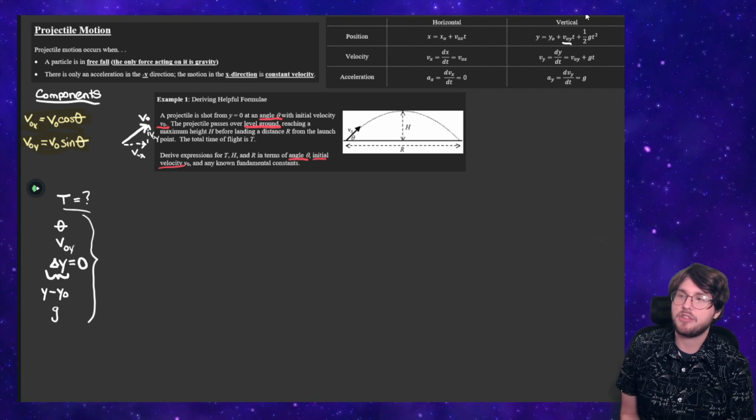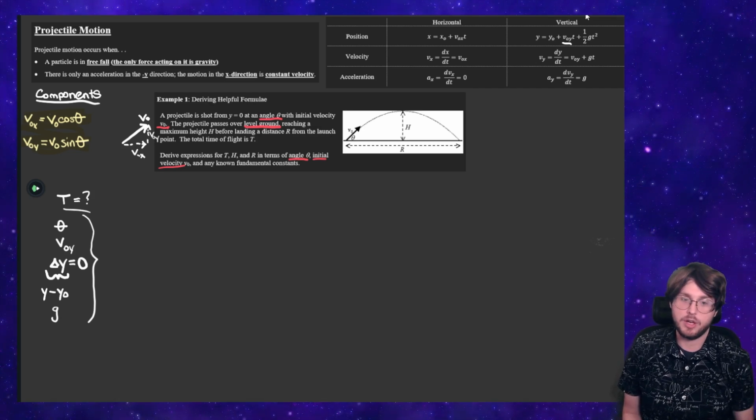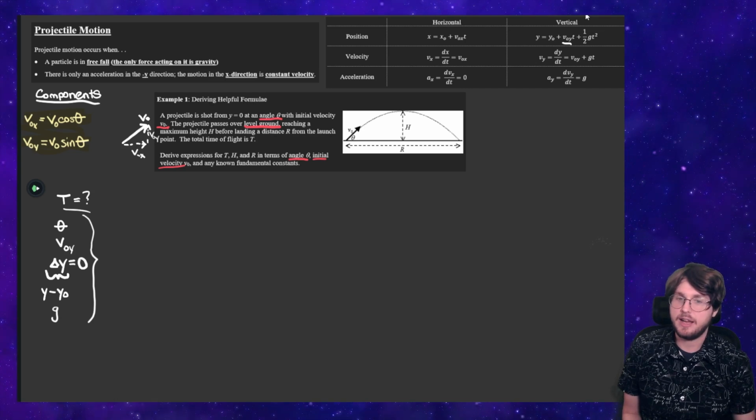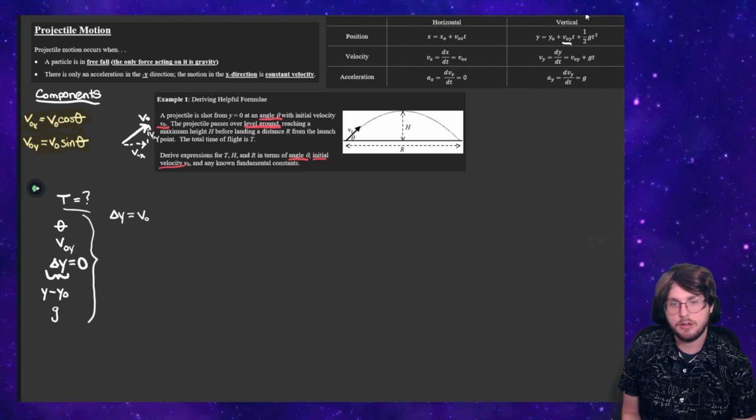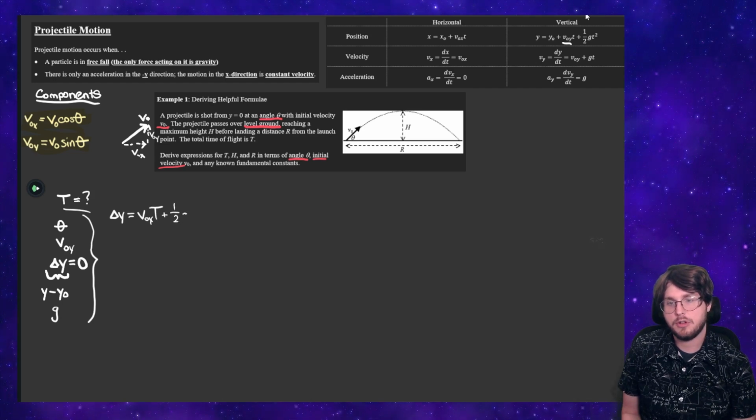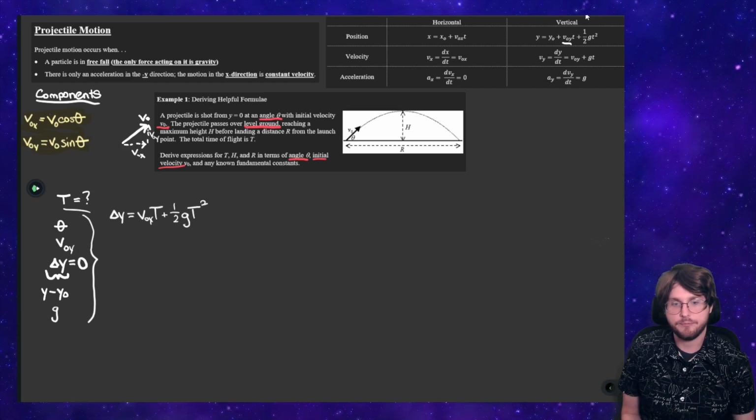It's looking like the best equation to use here really is this one, because it has g, it has v naught y, it has delta y. So let's go ahead and use it. So I'm going to go ahead and write this in the form delta y equals v naught y times t plus 1/2 g times big T squared.